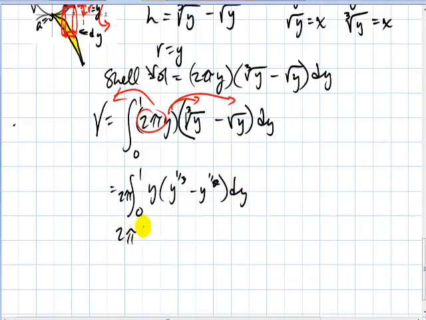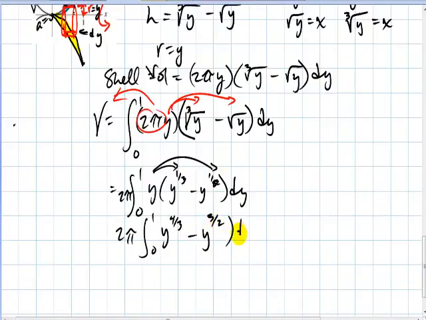Well, what's that? It's 2 pi times the integral from 0 to 1 of y to the 4/3, because you've got to add the exponents when you distribute through. 1 plus 1/3 is 4/3. 1 plus 1/2 is 3/2, so you get y to the 3/2 here, dy. You integrate, and you get 2 pi times, 4/3 plus 1 is 4/3 plus 3/3, or 7/3, so you get y to the 7/3.